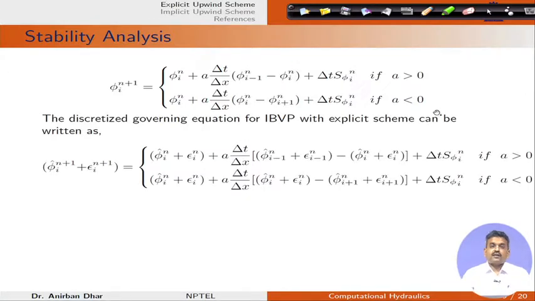Now, the discretized governing equation for this initial boundary value problem, but in this case the boundary initial condition is the main thing, because one side only it is defined.